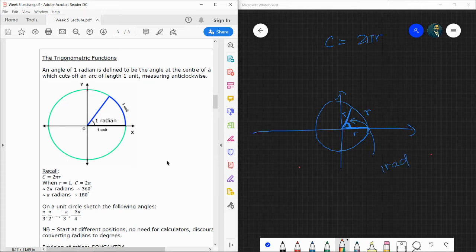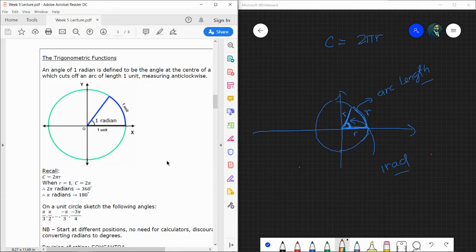So that's the definition of 1 radian. If you make a sector such that your arc length, in other words, this is your arc length, is the same as your radius, you have 1 radian.